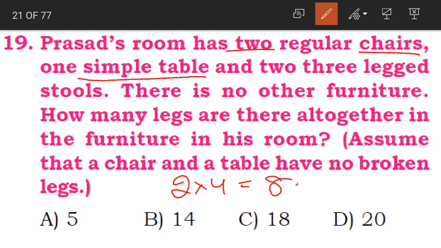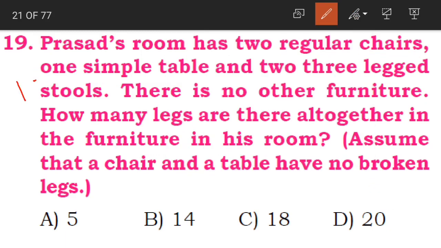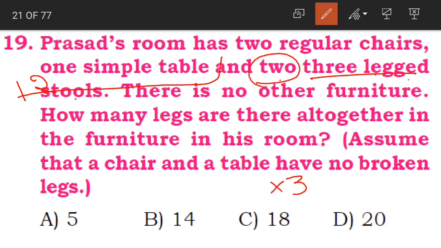And then 1 table. That means this table has again 4. So 8 plus 4. What is 8 plus 4? 12. So the total till now is 12. Total till now we know that the furniture has 12 legs. Now then we have 2 3-legged stools. 3-legged means how many? 3 legs, and how many are there? 2.